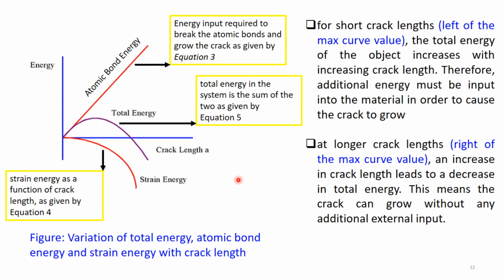So we can say that to initiate cracks we need to supply energy, but once an appropriate amount of crack is produced, it will no longer require energy. It will automatically grow the crack and finally lead to the breaking of the material.